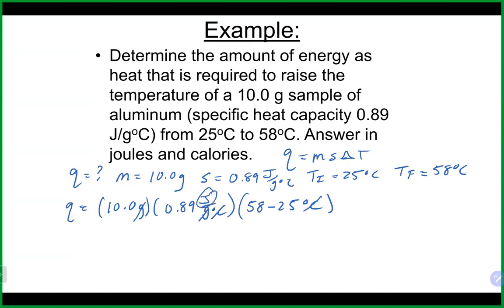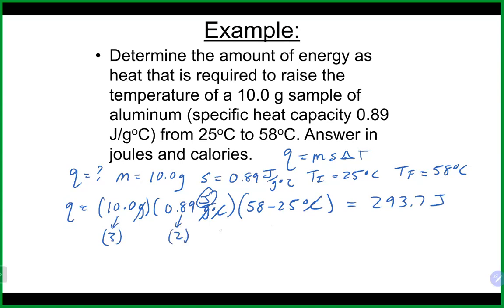We'll be left with joules, which is good because we're looking for an energy in this case. So 10 times 0.89 times 58 minus 25 is going to get us something like 293.7 joules. In this case, we do need to look at sig figs, right? So that's like 3 sig figs.